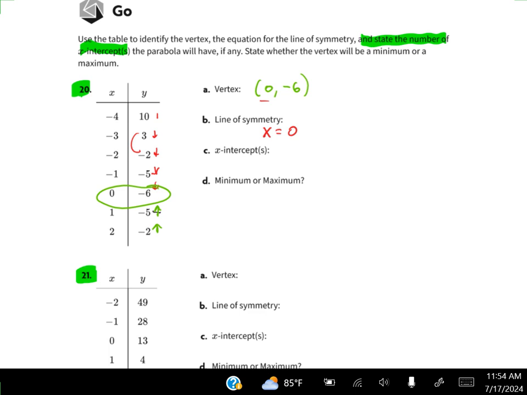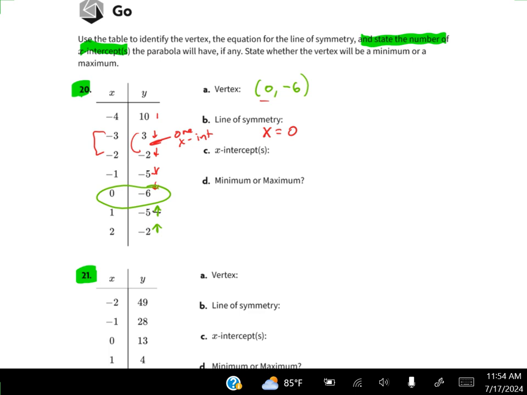That means that somewhere in between these two, there's one x-intercept. I don't know what exactly it is for the x-coordinate. It's not going to be a whole number, obviously, but we're going from a positive value to a negative value, so somewhere between the x values of negative 3 and negative 2, somewhere along those lines there's going to be an x-intercept.